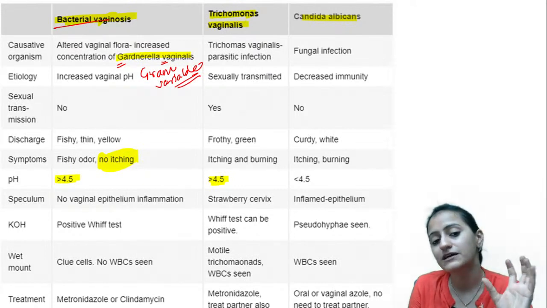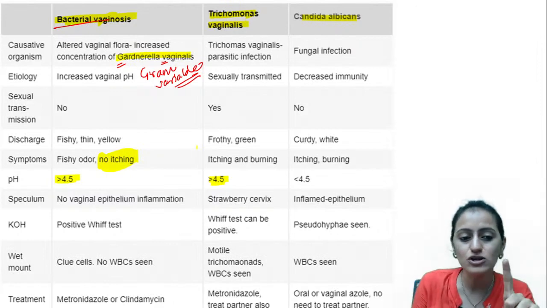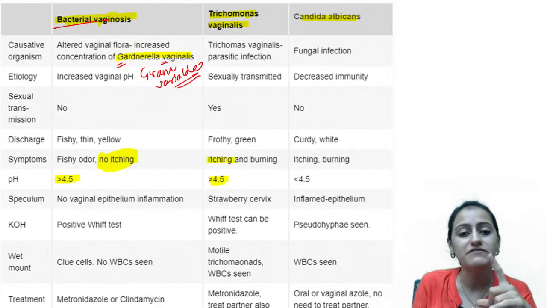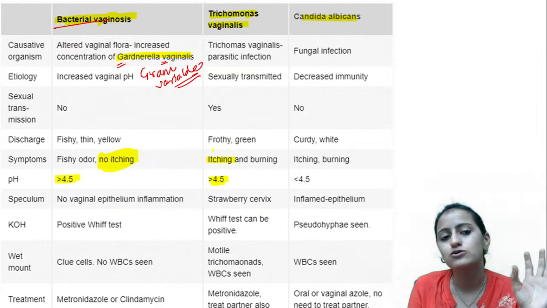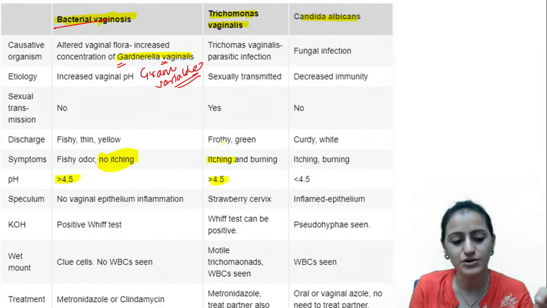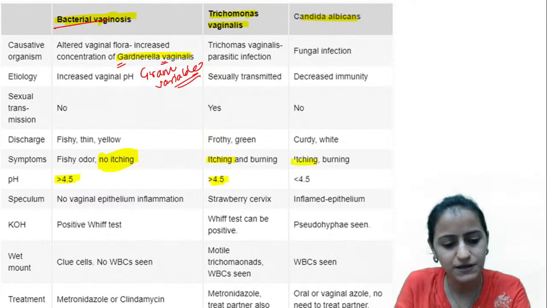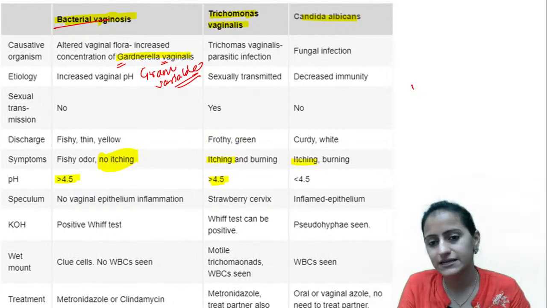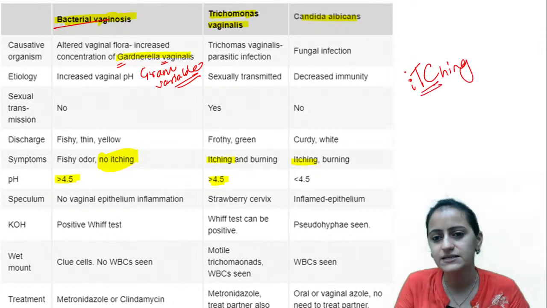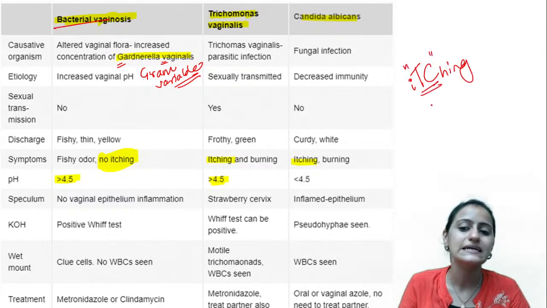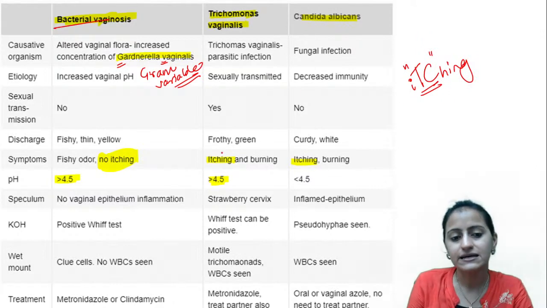If they tell you pH is more than 4.5, then look at whether there is itching or not. If there is itching, it is trichomonas. Itching is present in trichomonas and candida, that is T and C have itching.